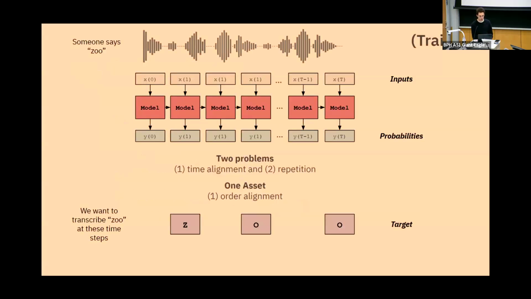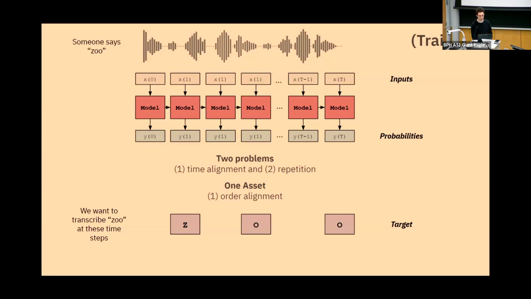It might be helpful to look at a picture of this. In this setup, we're not doing phonemes in this kind of contrived example, but the idea would be that someone says the word, say, zoo. This is an audio waveform that we can convert into MFCCs and get time instant inputs. Then at the bottom of the screen, our target is that we want to transcribe the letters Z-O-O to spell zoo, at these particular time steps.